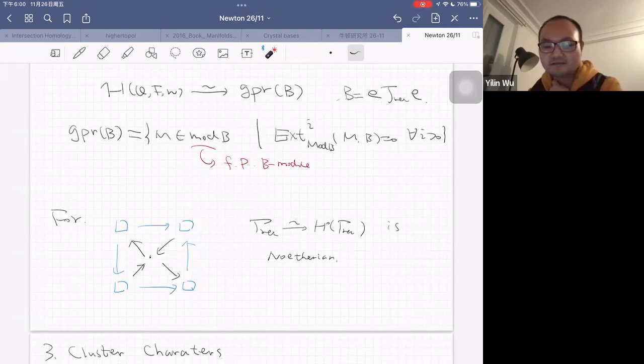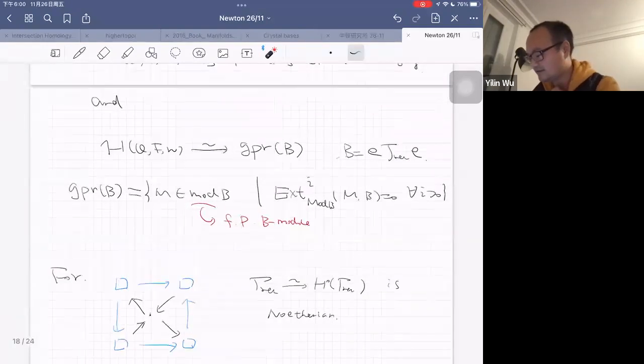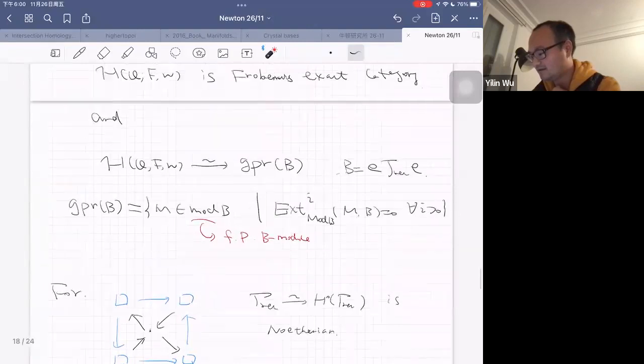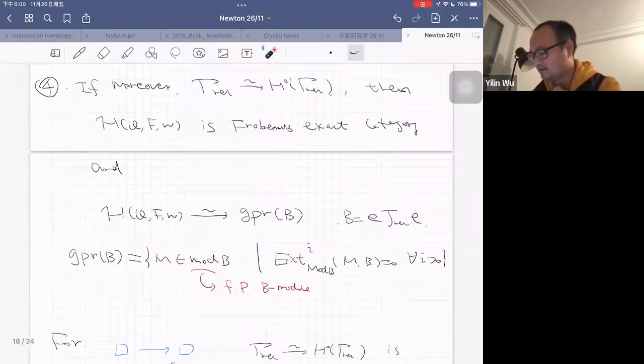I have a question. Can you say what kind of Calabi-Yau structures this Higgs category has? Does it have a kind of Calabi-Yau property?